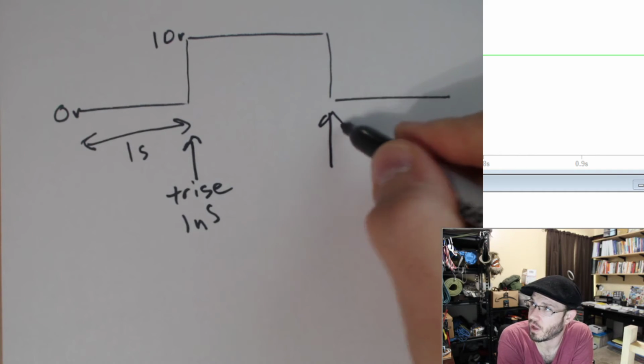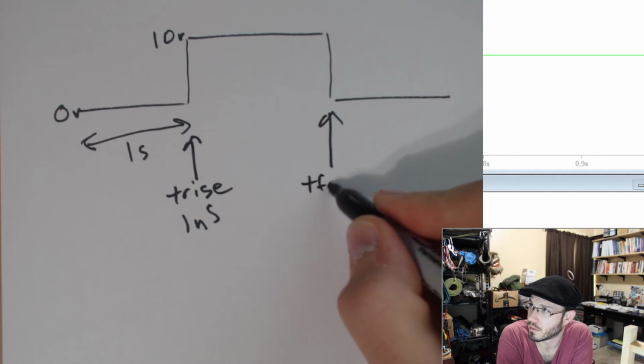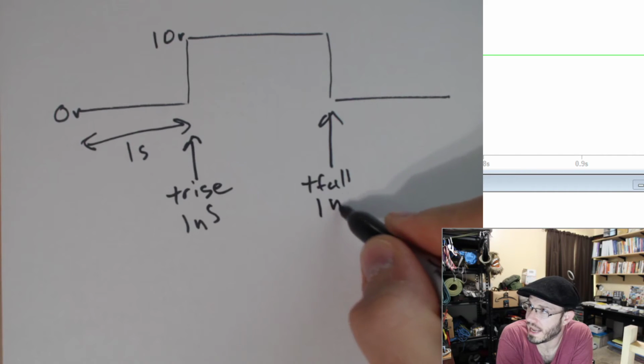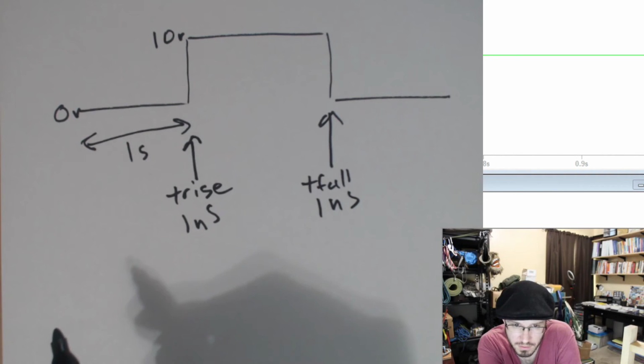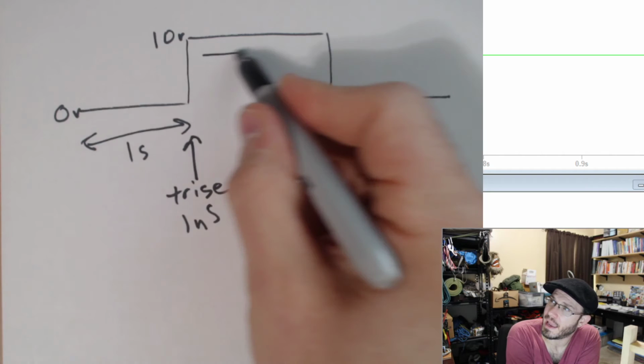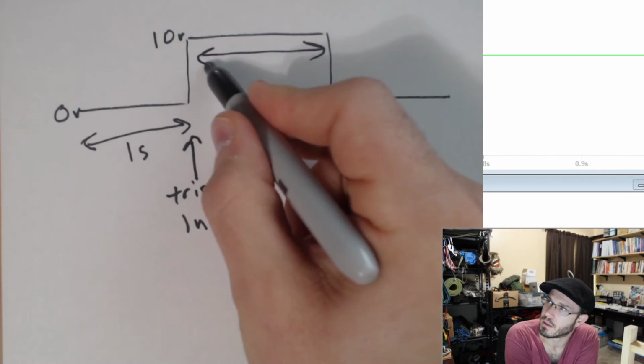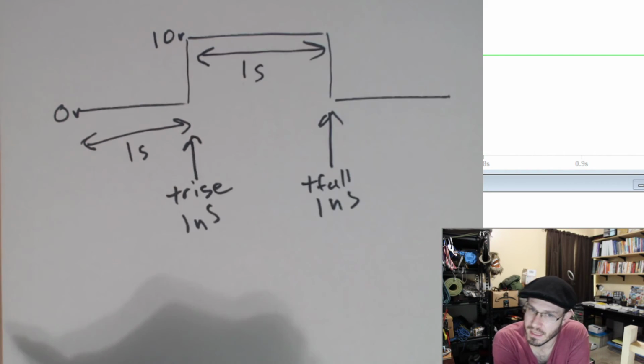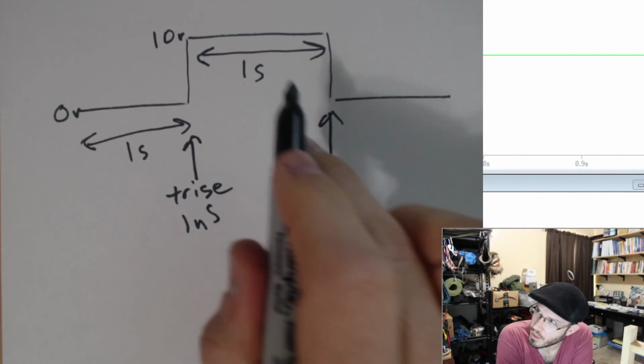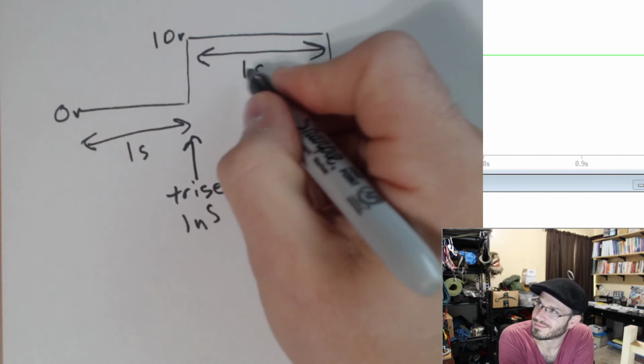The time to fall, 1 nanosecond. The time that we remain on, 1 second. Now, those are all the parameters that we gave.